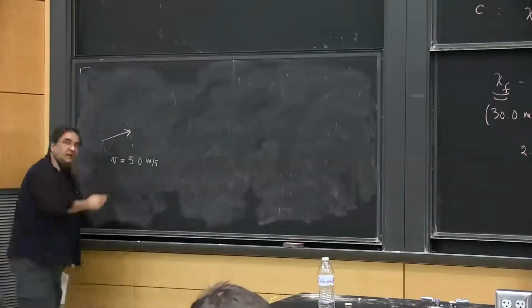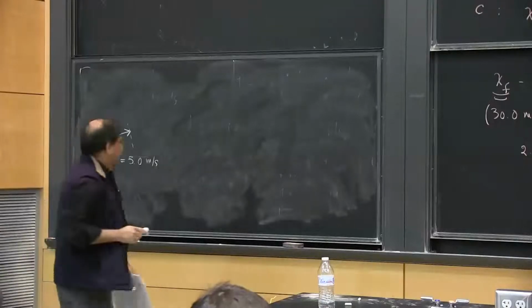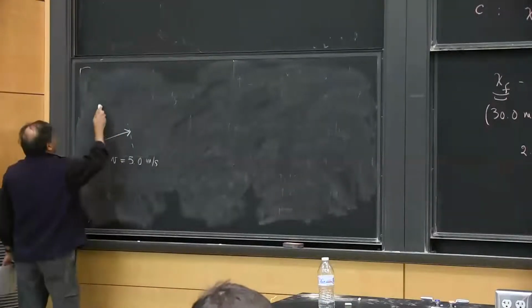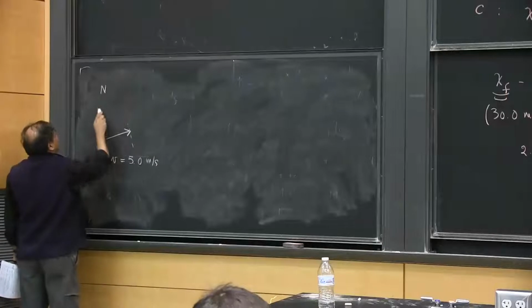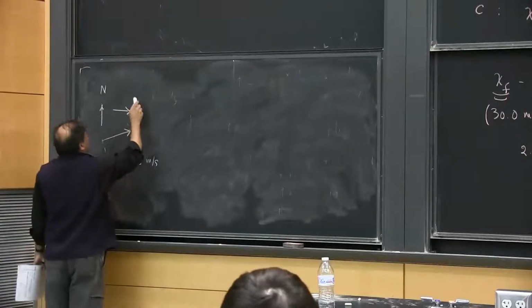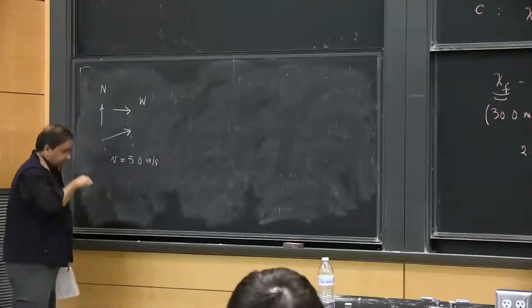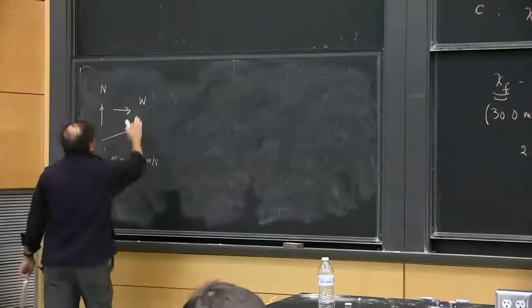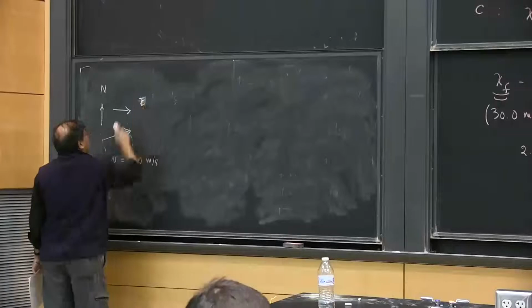And the direction should tell me in which direction the velocity is. So if I'm going northward at 5 meters per second, let's say this is north, then it would be like this. If this is west, it will be like this, and so on. Sorry, what am I doing? This is east. It will be like this and so on.